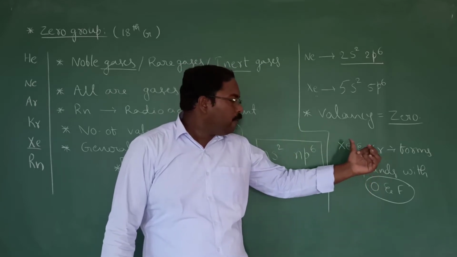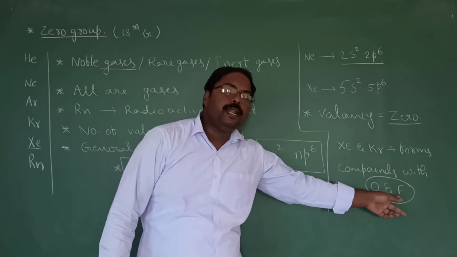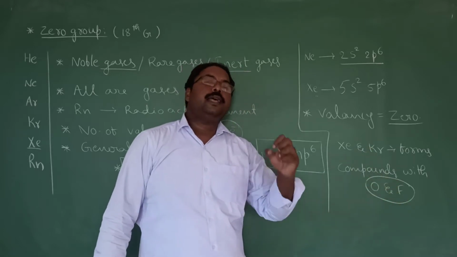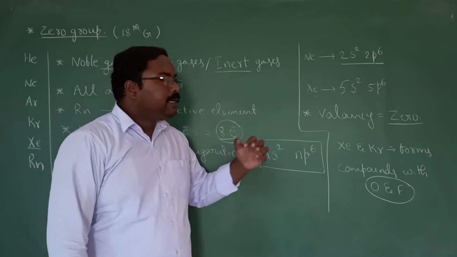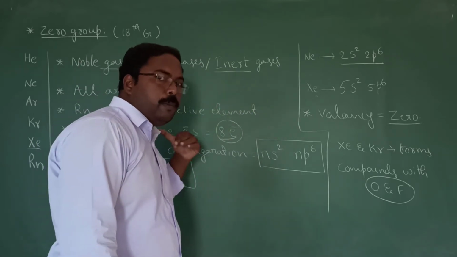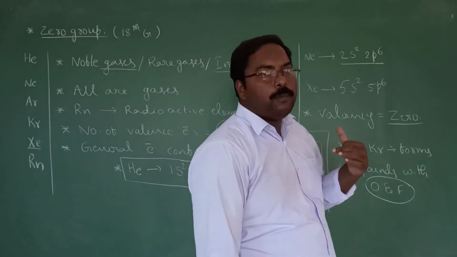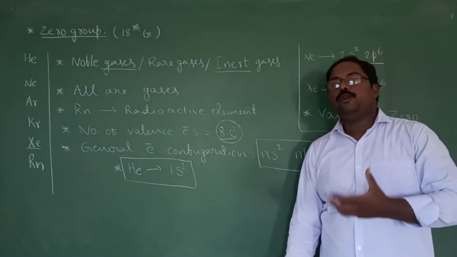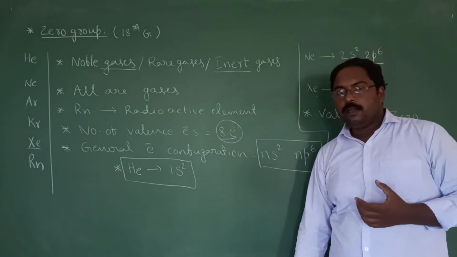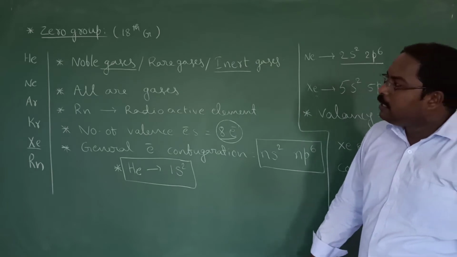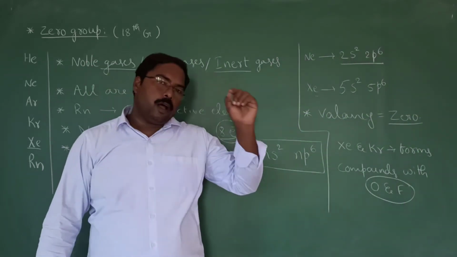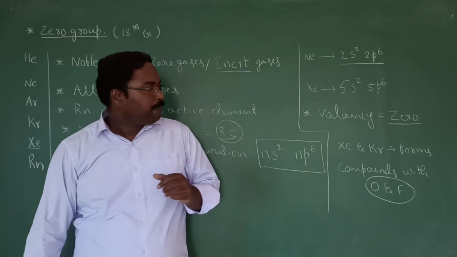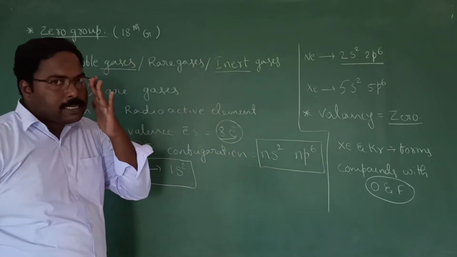So xenon mainly forms compounds with both fluorine and oxygen, which are highly reactive non-metals. But the other noble gases don't form compounds, they don't react with the other elements. So this is the information we need to know about zero group as well as all the groups. So if we copy this, then we will discuss the next one.